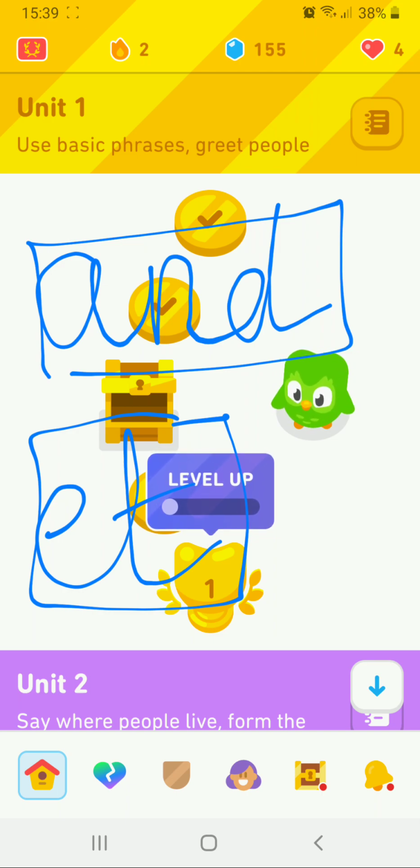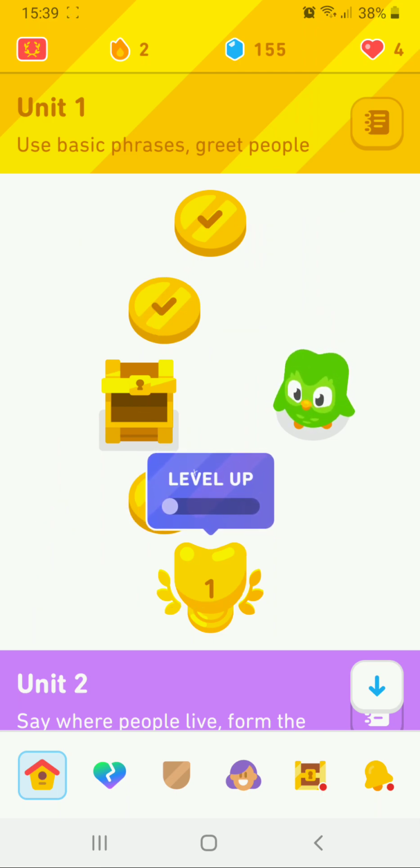Sorry. What else? Is there anything else we're missing? We know some verbs, but we don't know their infinitive form and so on. So we will try to remember them.